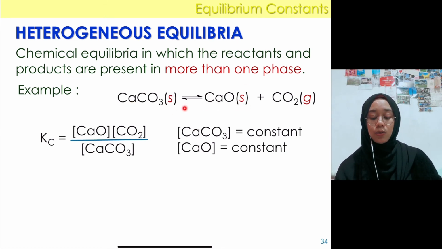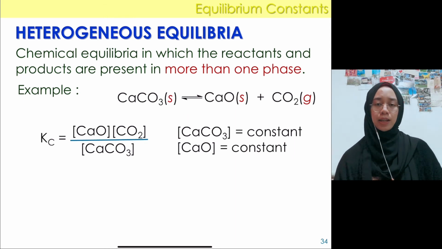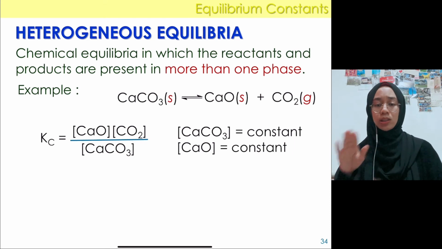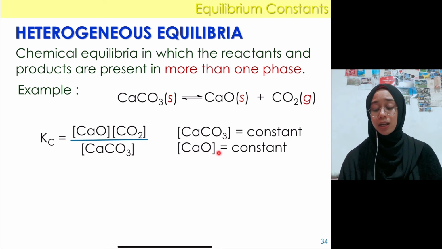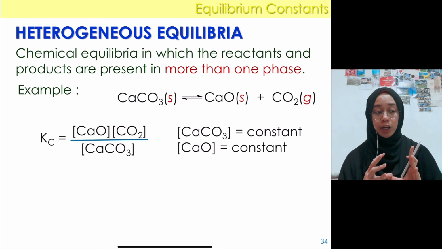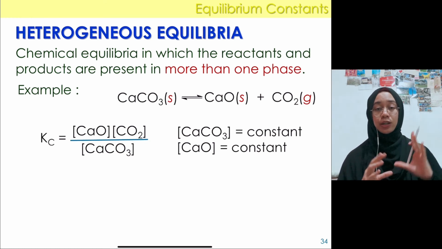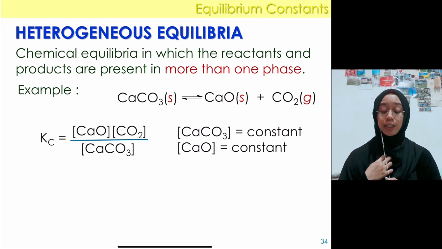Okay, so since dia adalah solid, jadi dia takkan berubah sangat tau. Dia akan remain constant. Okay, so that is why dia cakap kat sini concentration of the calcium carbonate and also the calcium oxide, they remain constant. Sebab dia solid kan, dia fix dekat bawah tu. Dia bukannya nak berubah sangat pun, dia tak ada nak bergerak-gerak ke apa kan. So kita tak akan dapat tengok perubahan in terms of concentration dia.